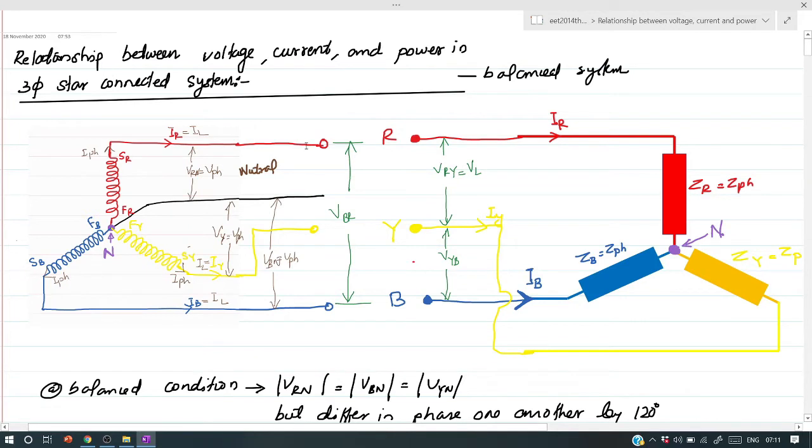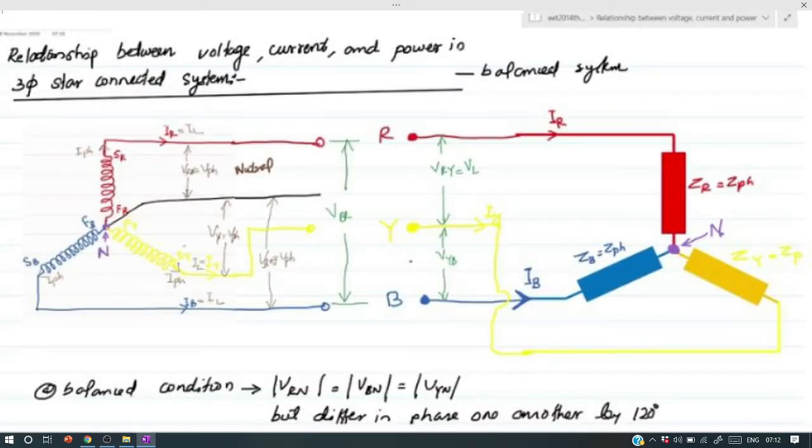That is VRY, the voltage across the line terminals R and Y, that is line voltage. Next one is VYB, the voltage across Y phase and B phase, again a line voltage. And finally VBR, the voltage across B phase and R phase, is another line voltage.